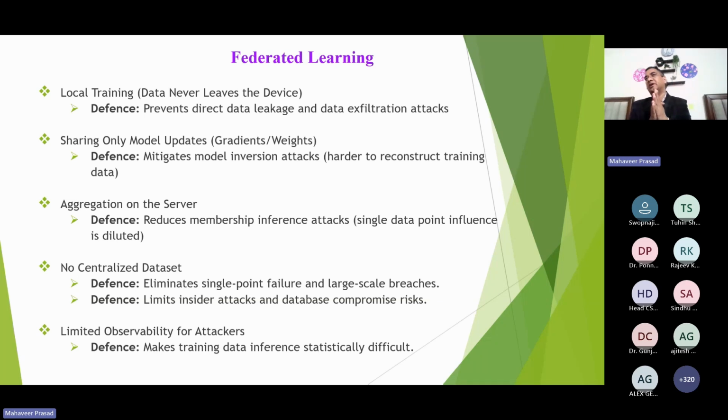Even if the attacker attacks, he may attack your local system, so he may not get the entire data. It limits insider attacks or database compromises. The limited observability for attackers makes training data inference statistically difficult.